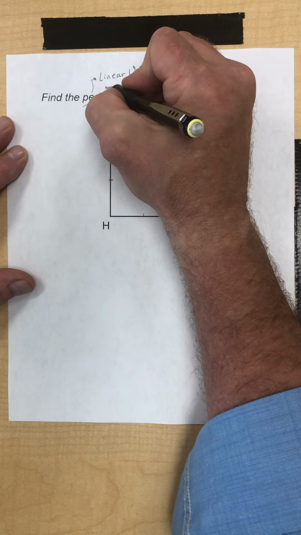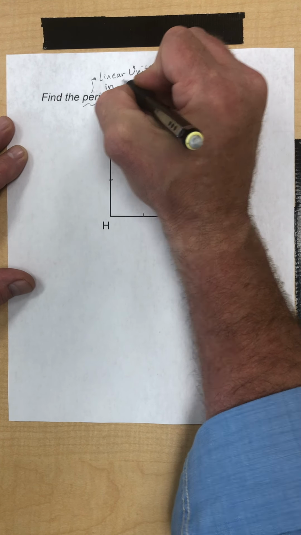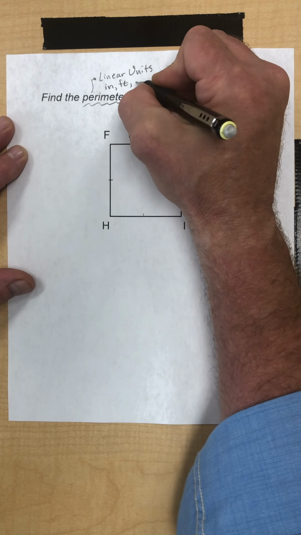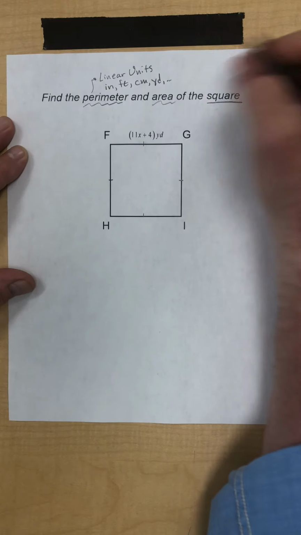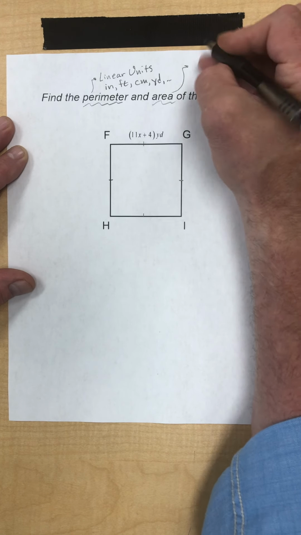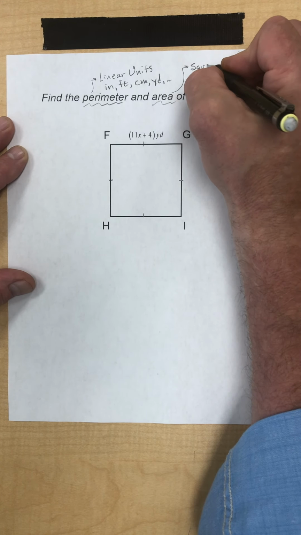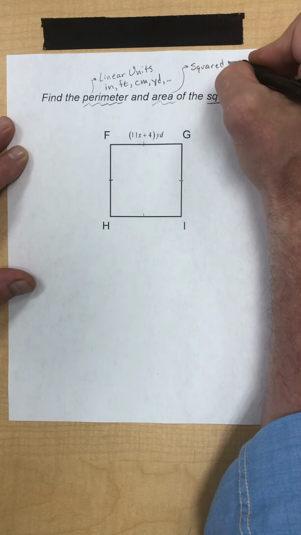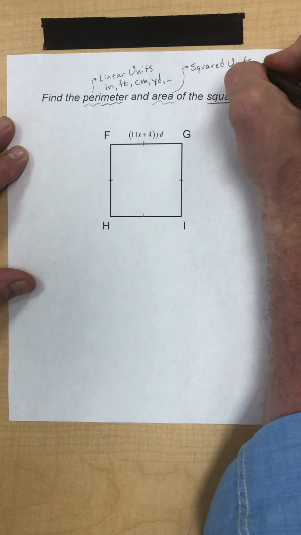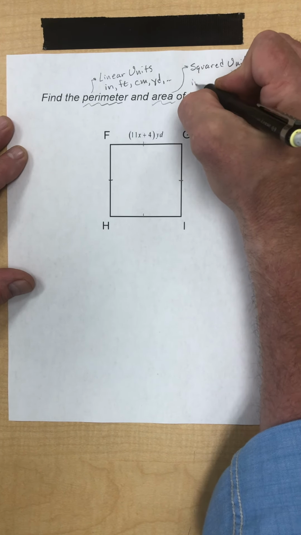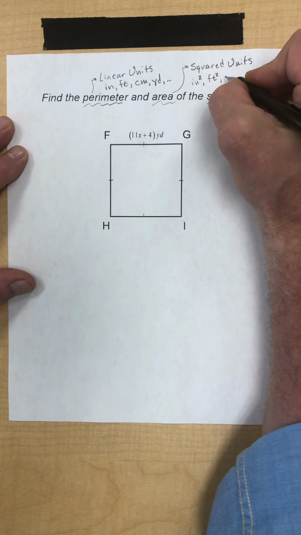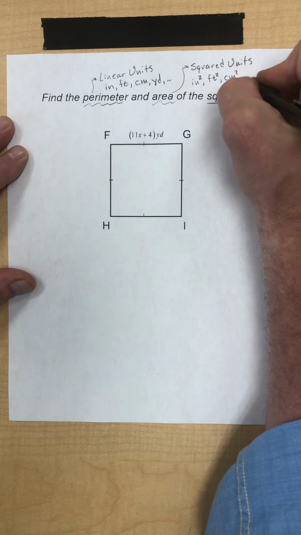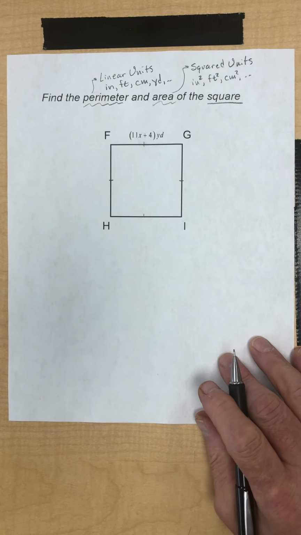For instance, that could be inches, feet, centimeters, yards, and so on. Area, on the other hand, is measured in squared units. So it might be inches squared, feet squared, centimeters squared, and so on, which you guys have seen before.